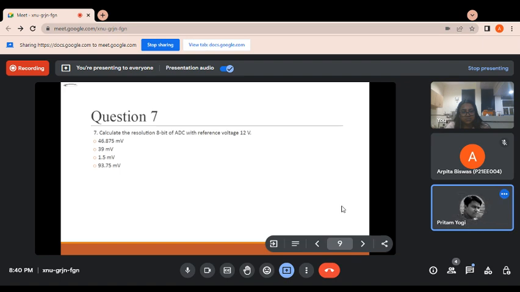Option A, ma'am. So what is the calculation? How do we calculate it? The reference voltage divided by 2 to the power of the bits minus 1, I think. Yes.